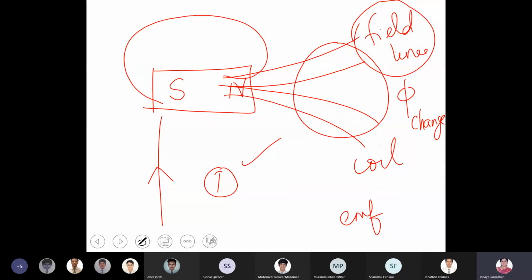Then Michael Faraday asked: if a current carrying conductor can produce a magnetic field, why can't a magnetic field produce electric current? Right? That became the principle of electromagnetic induction, the phenomenon we call electromagnetic induction.